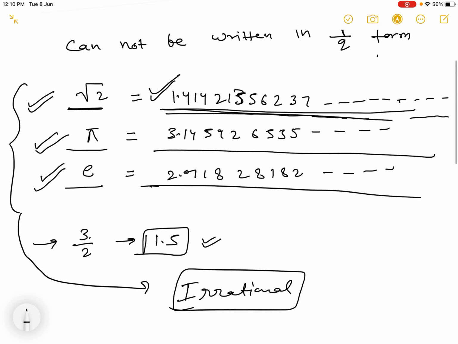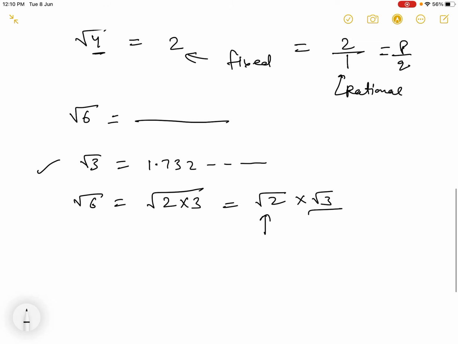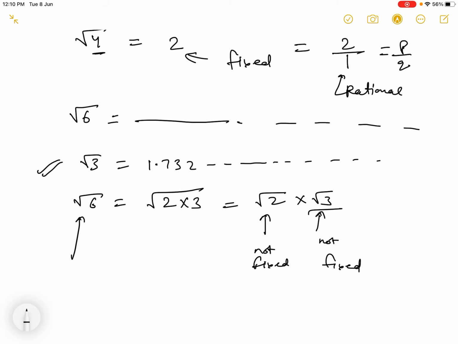Its value is not fixed. It's going onwards and continues. And root 3 we have also seen is not fixed. It's going and going. So root 2 is not fixed and root 3 is not fixed. That means root 6 has a value which is also not fixed. It's going onwards.